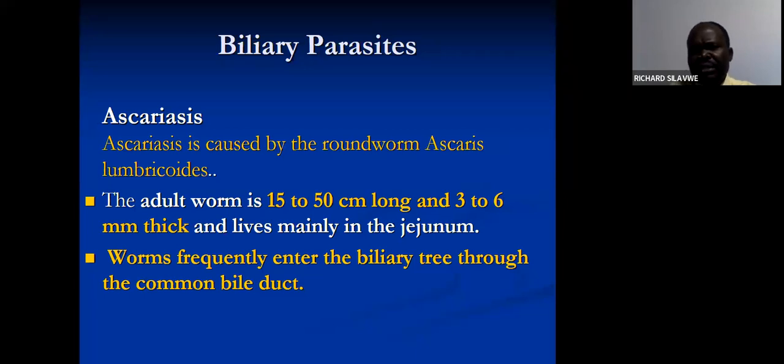I've not seen any of the worms here in Namibia, but when I was in Bangladesh, I was able to do a lot of sonars whereby you find the Ascariasis in the common bile duct. They are very common in Asia.